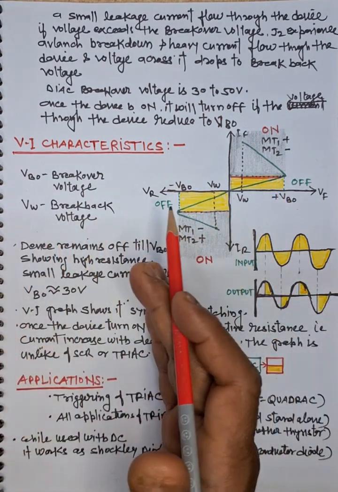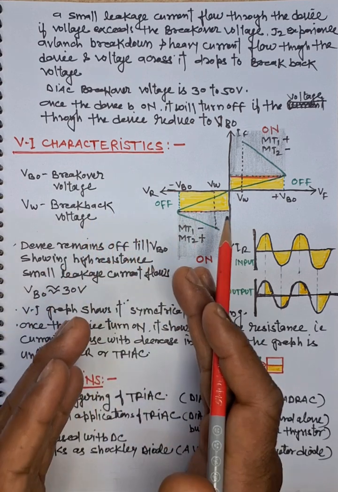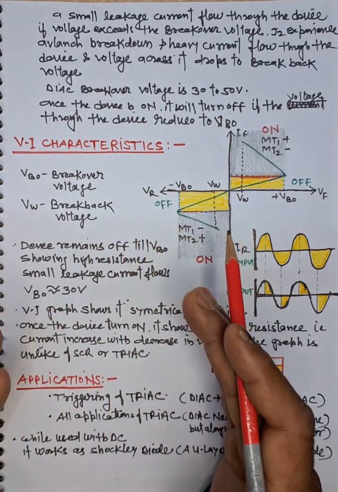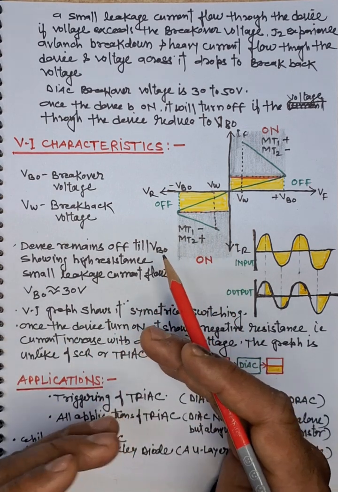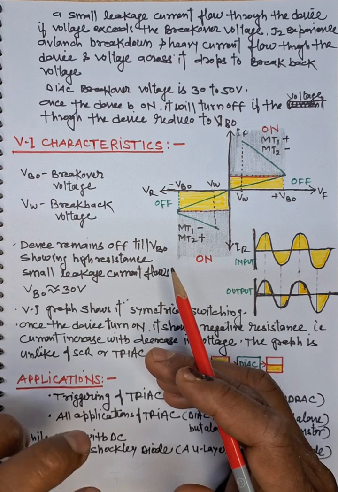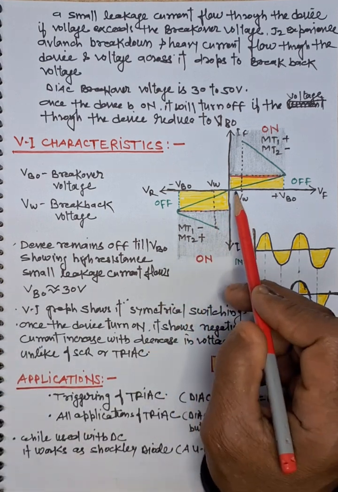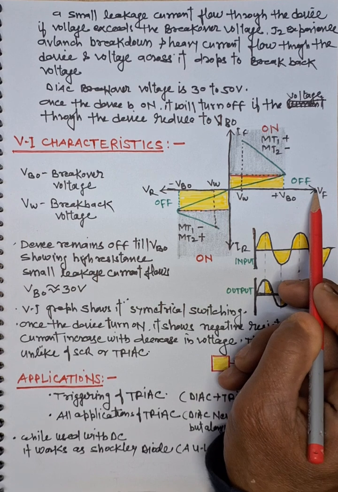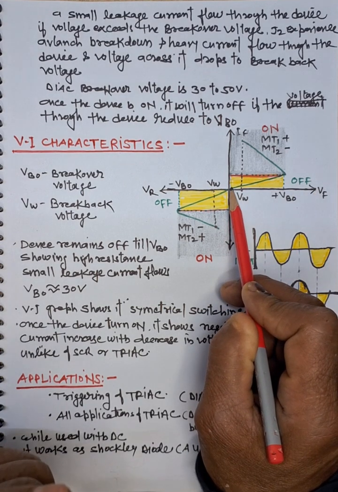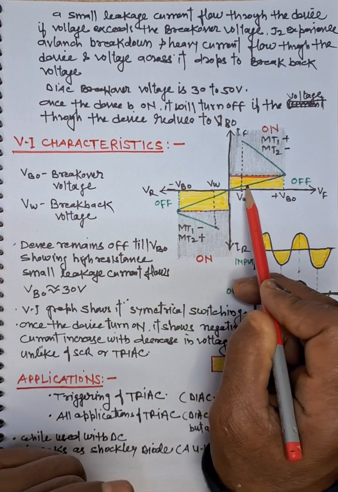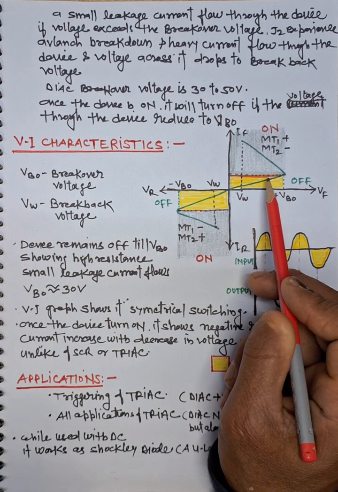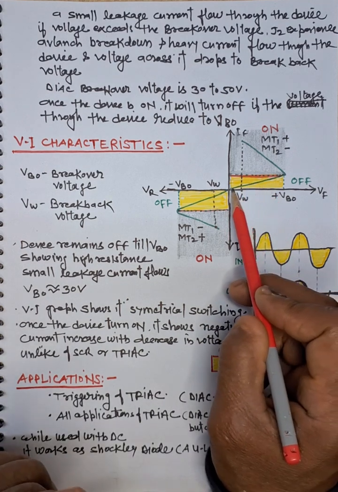So let us come back to the VI characteristics, which will make it very clear how exactly the device behaves with the application of voltage in either polarity. Suppose we have applied the voltage VF. With one junction in reverse bias, the device will not conduct, only a small leakage current will be there. This leakage current is quite different from what we have already seen in conventional diodes.